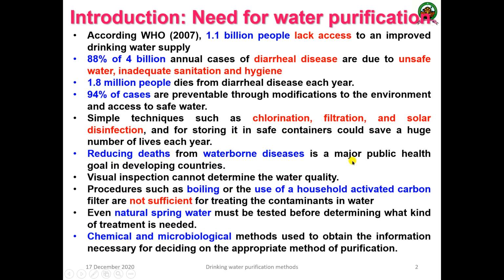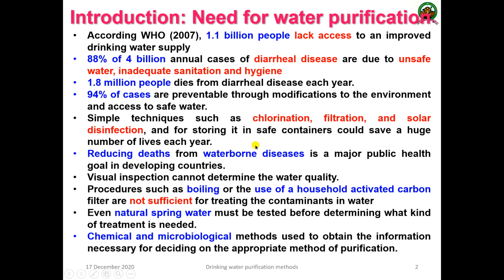We have already discussed waterborne disorders in the previous class, and all these waterborne diseases can be prevented in public health biology, which is one of the most important goals of water purification.